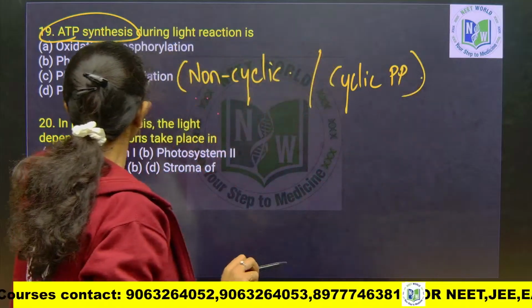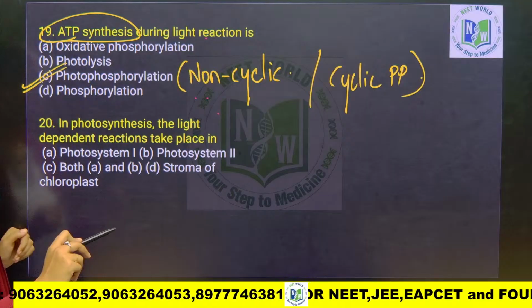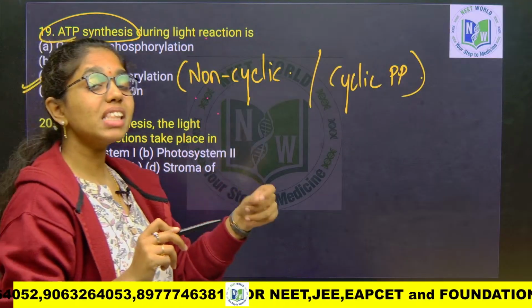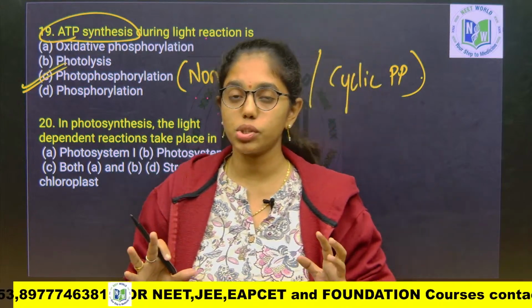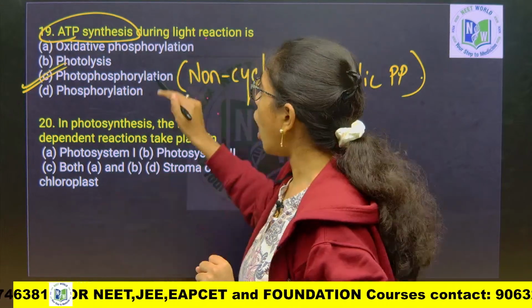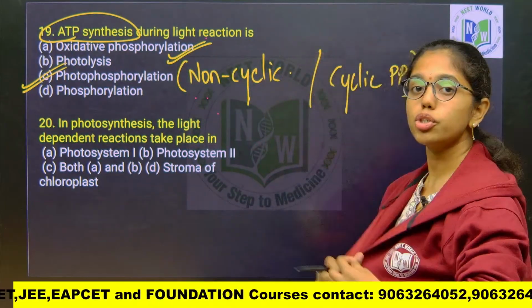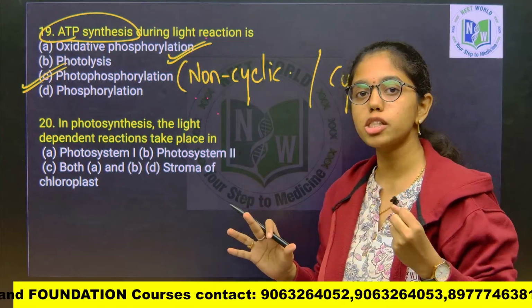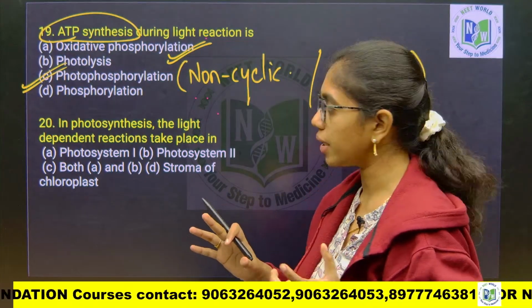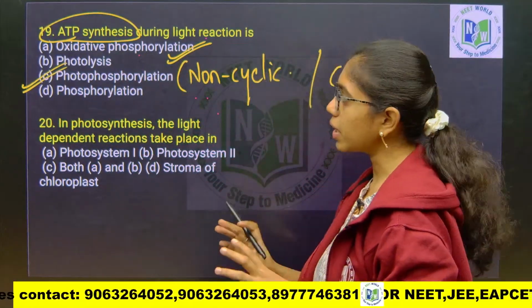So ATP synthesis during light reaction is called photophosphorylation. If the question is about ATP synthesis in mitochondria during aerobic respiration, then you have to choose oxidative phosphorylation. Clear?